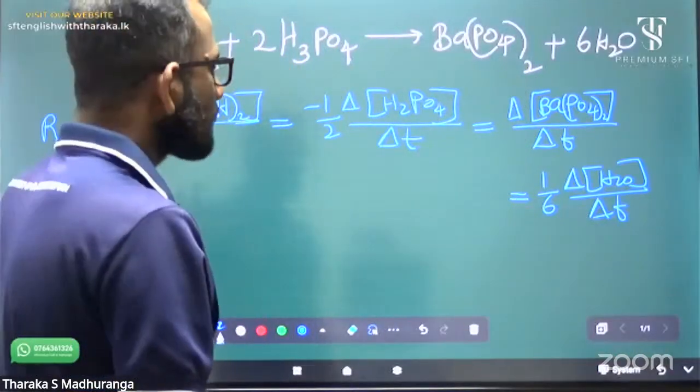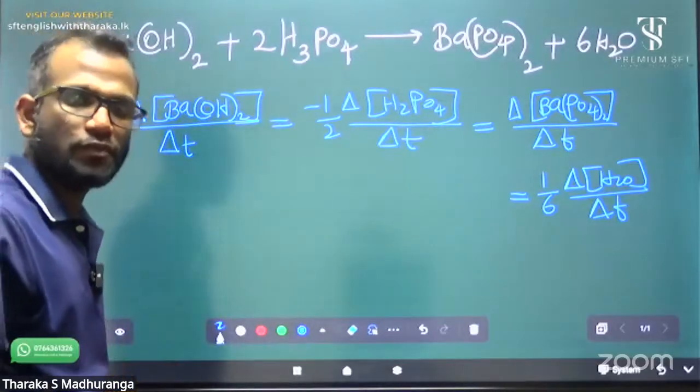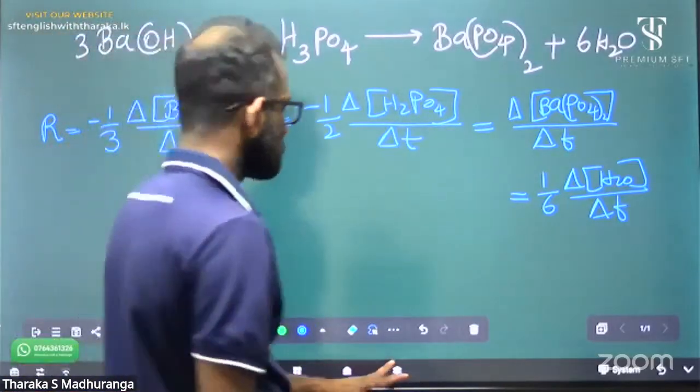Okay, that's the rate of reaction expression for the full balanced chemical reaction.